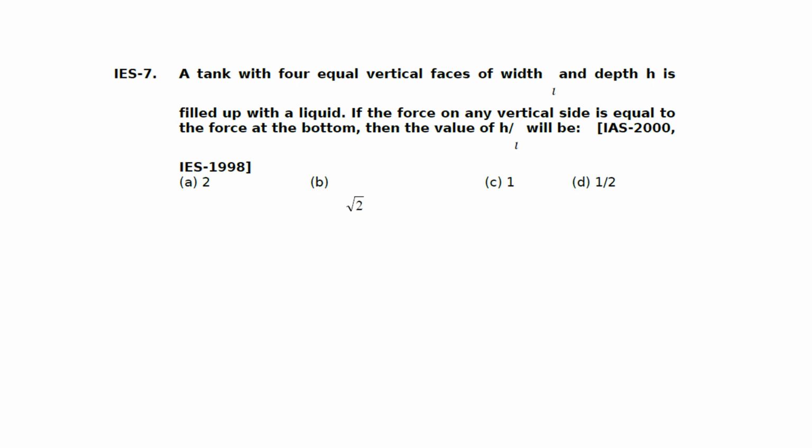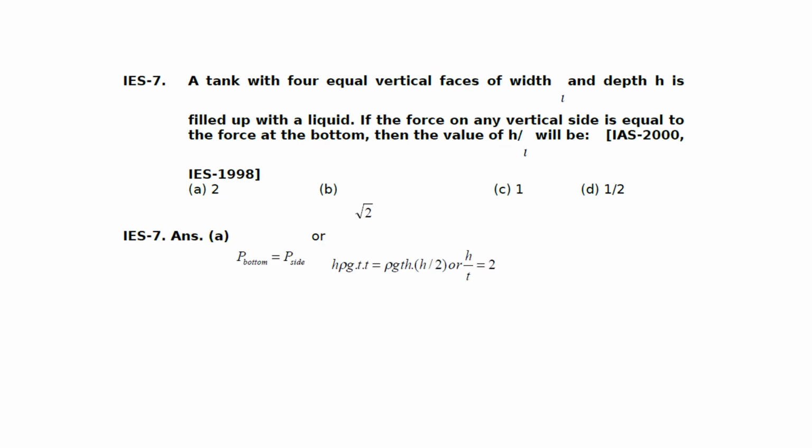Next question. A tank with 4 equal vertical faces of width L and depth H is filled up with a liquid. If the force on one vertical side is equal to the force at the bottom, then the value of H by L will be? They are asking the H by L value. Obviously we have to equate the force at the bottom and at the side.